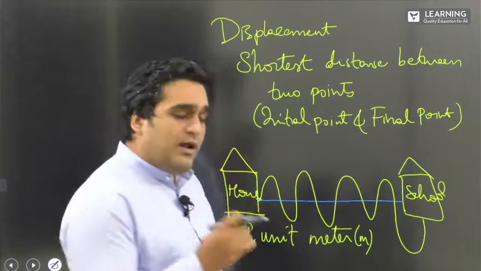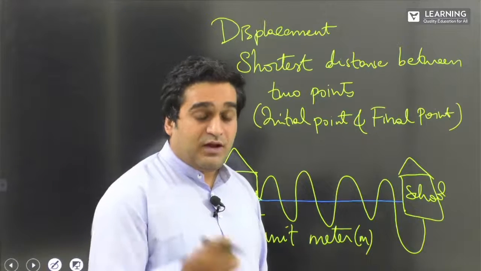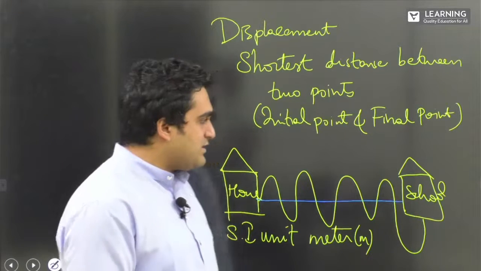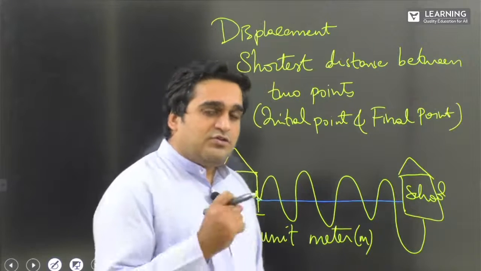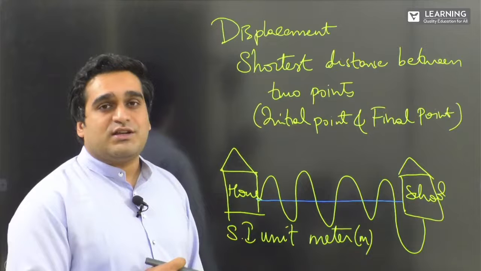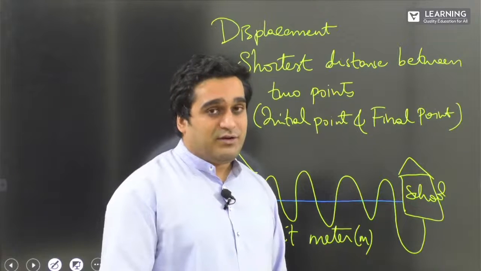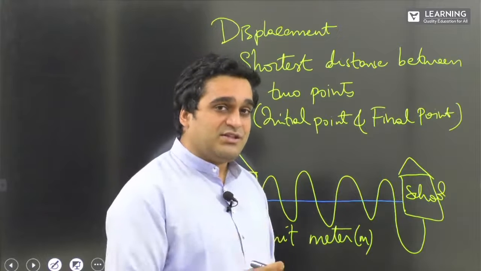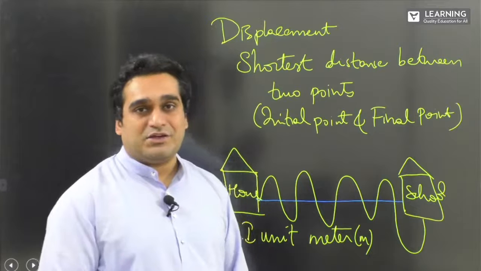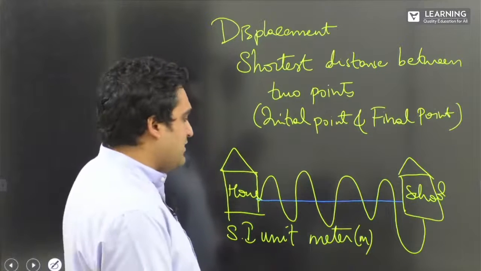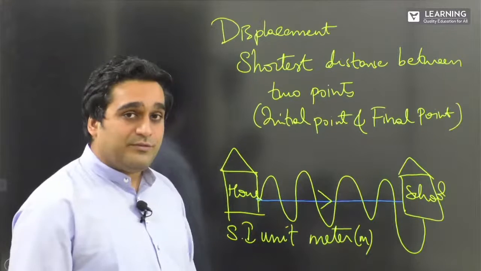And there is one more distinct feature about displacement, how you can distinguish it from distance. In the case of displacement, it relies on direction as well. It depends on the initial and the final point, meaning it depends on a direction. In this case, the direction is moving from home to school.